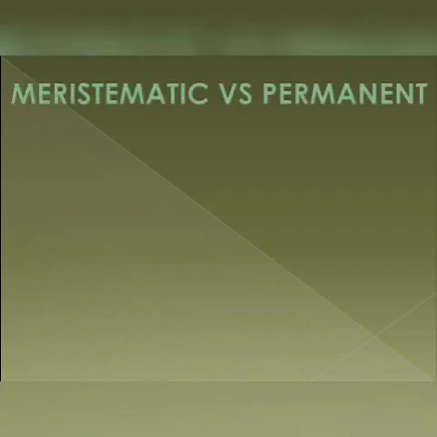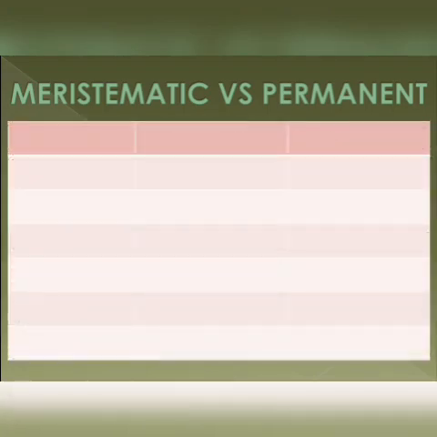Next, we will discuss the differentiation between meristematic and permanent tissue. In the previous presentation, we have discussed about all the characteristics of meristematic tissue. In this particular slide, we will talk about the difference between meristematic and permanent tissue.